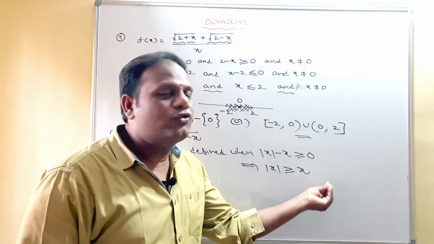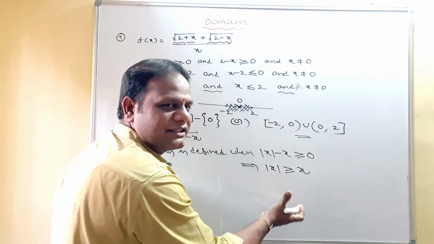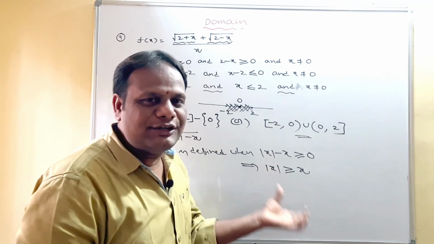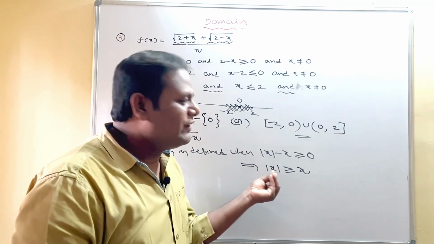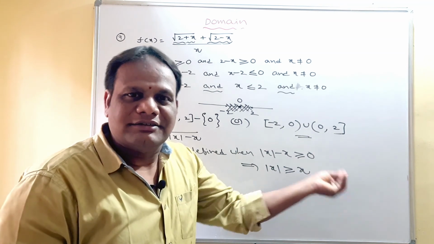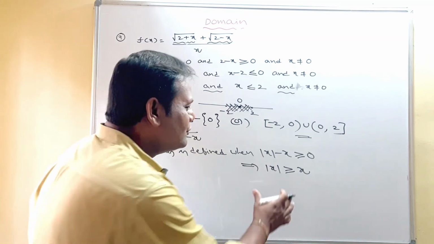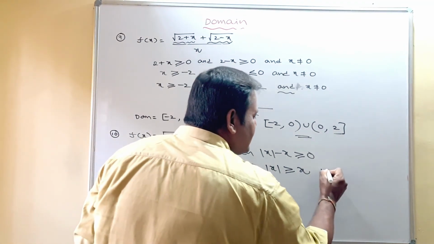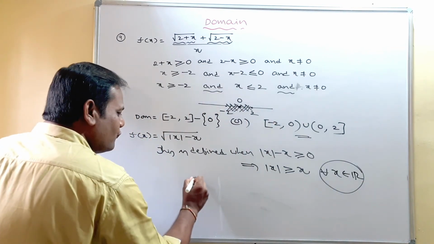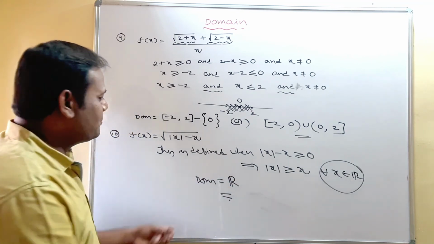Whatever real number you take, whether it is positive or negative, it always satisfies. Why? Because mod x always gives the absolute value. So even if it is negative, no doubt mod x must be greater than x. If it is positive, mod x is equal to x only. So this is true for all x belonging to real numbers. So what is the domain of this function? That is the real number set.